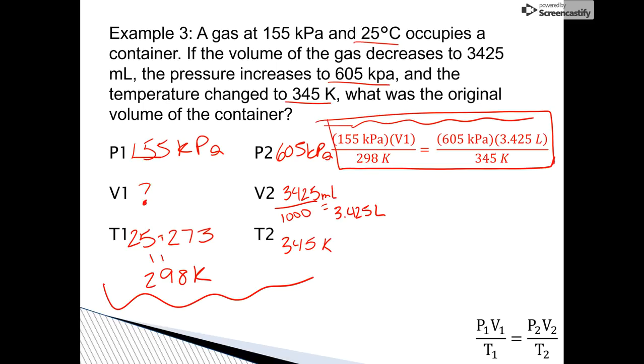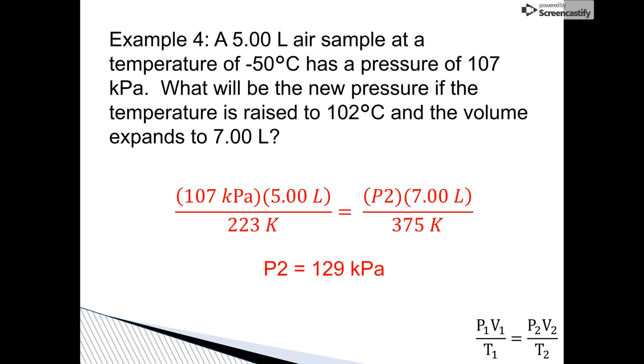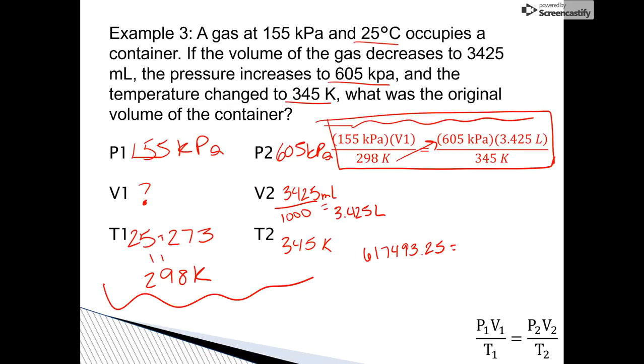Okay, solving for it, I cross multiply. 298 times 605 times 3.425, that gets you 617,493.25 equal to, I'm going to keep cross multiplying, 345 times 155 times V1.